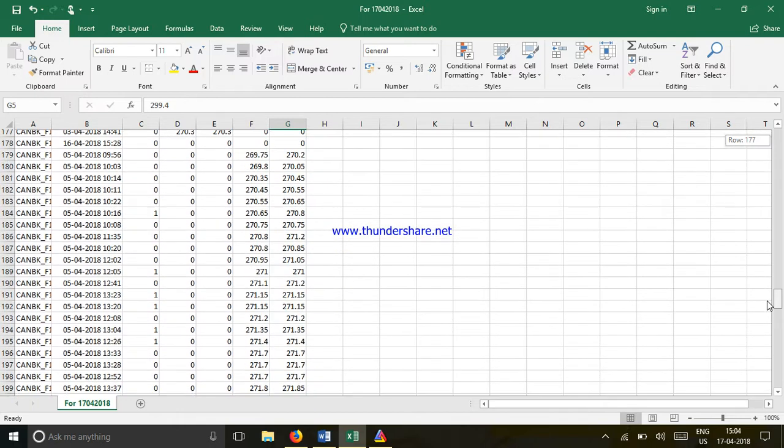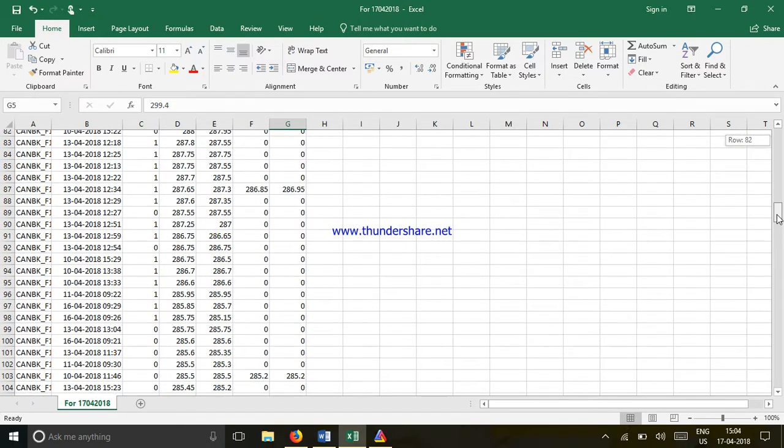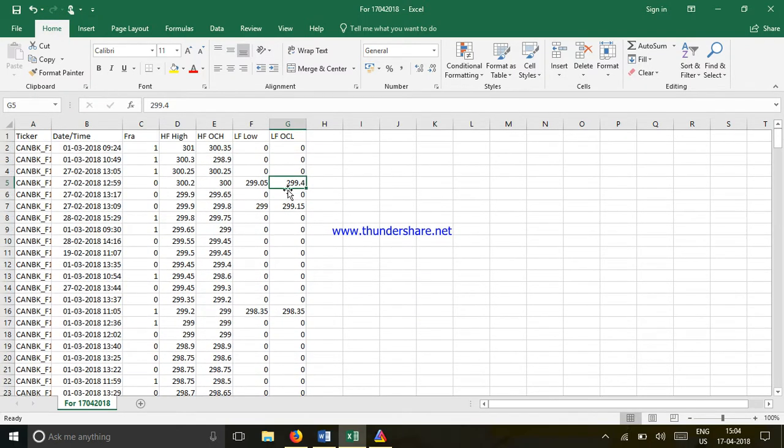The date stamp is there, but it is not arranged by date stamp. It is arranged based on the largest to smallest values in high fractal high, and smallest to largest in low fractal low. This is what we will save and keep ready for the 17th.